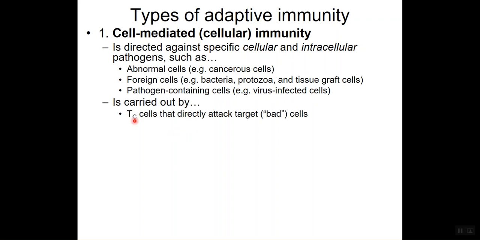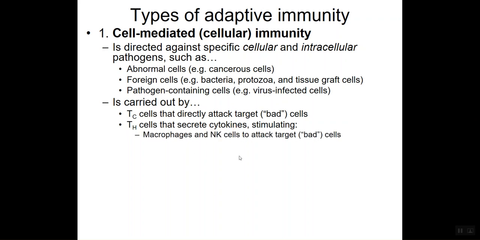Now the cytotoxic T cells, remember these are sometimes called killer T cells, these are going to specifically target those bad cells. But helper T cells, as I mentioned before, they're lovers, not fighters. So they will release cytokines, cell signaling chemicals, that will cause some non-specific cells to get involved, which will help other types of T cells mature, such as the cytotoxic Ts.